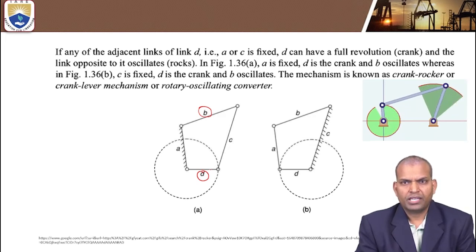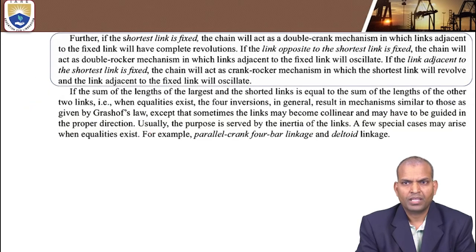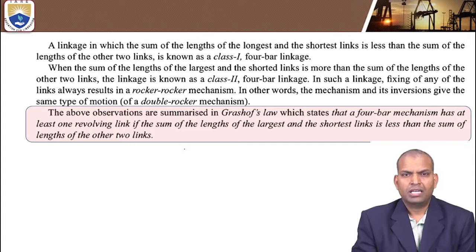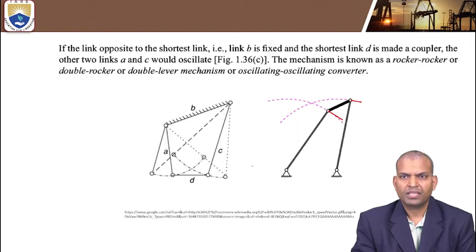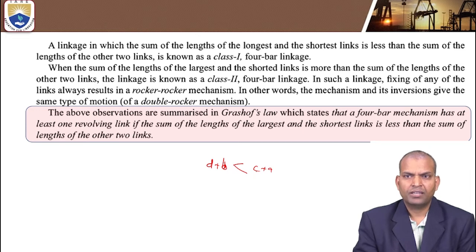So Grashof's Law states that a 4-bar mechanism has at least one revolving link if the sum of the lengths of the largest link and the shortest link, D plus B, is less than the sum of the remaining links, C plus A. Yeah, D plus B should be less than C plus A.